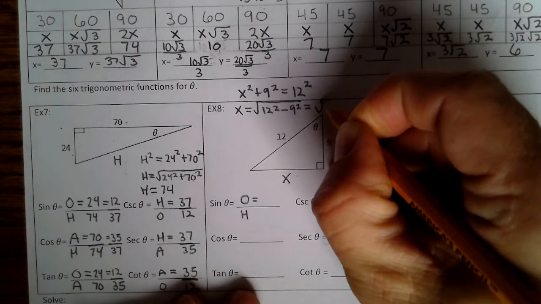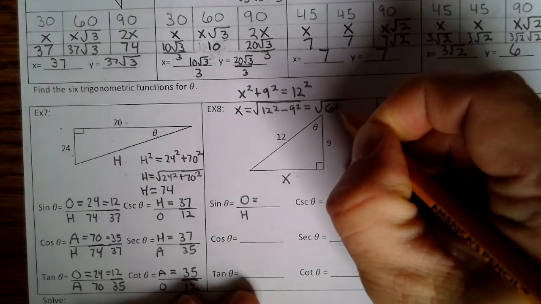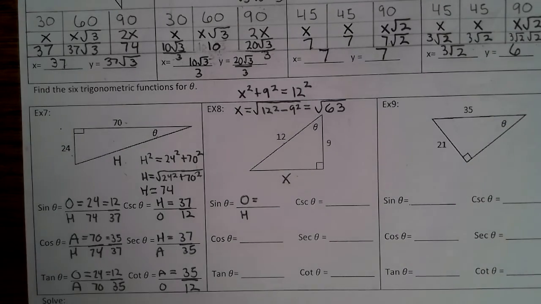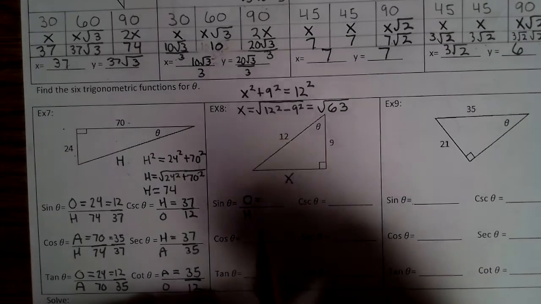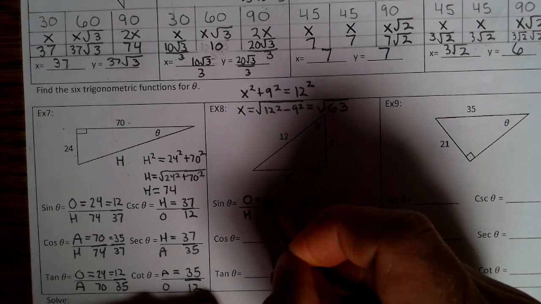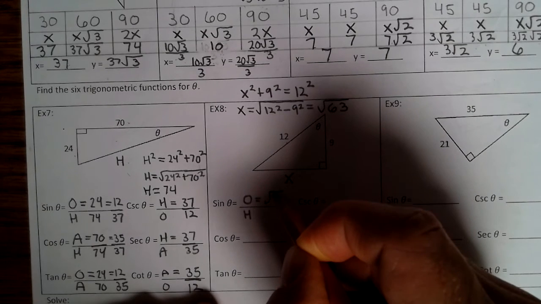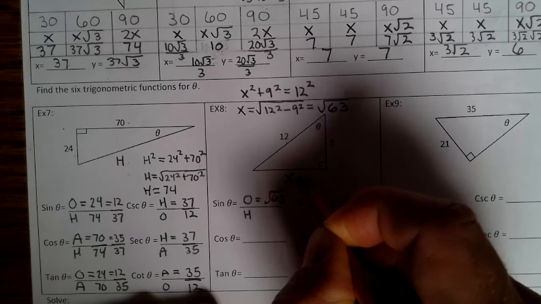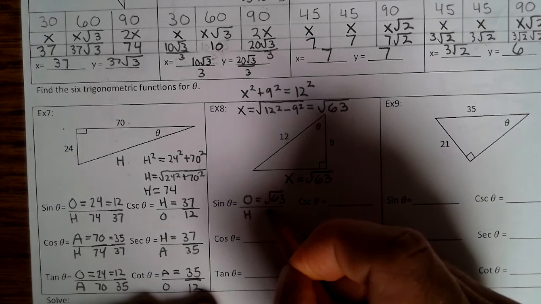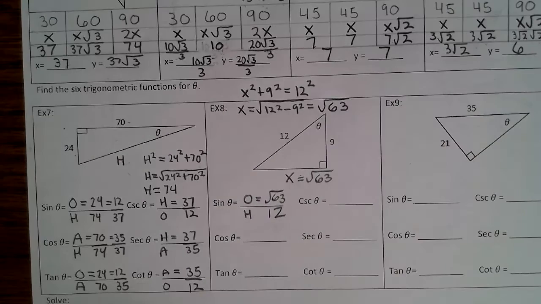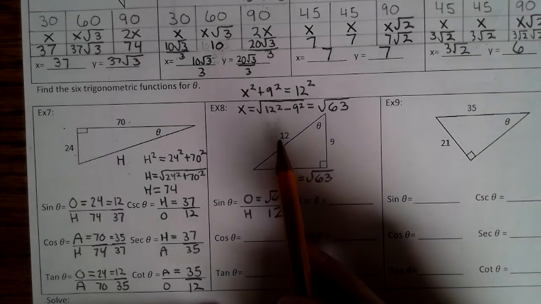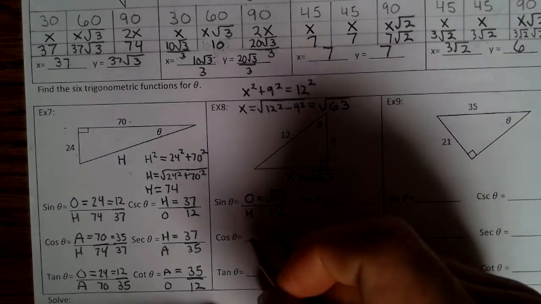All right. So sine is opposite, so that's the square root of 63, over hypotenuse, which is 12. Now cosine is adjacent, so that would be 9 divided by 12, which reduces to be 3/4.